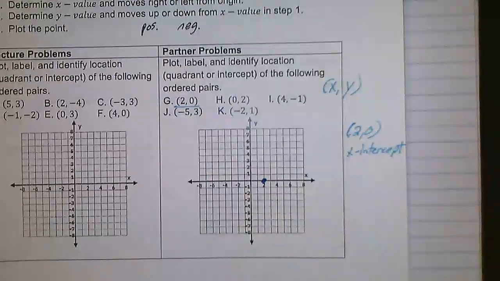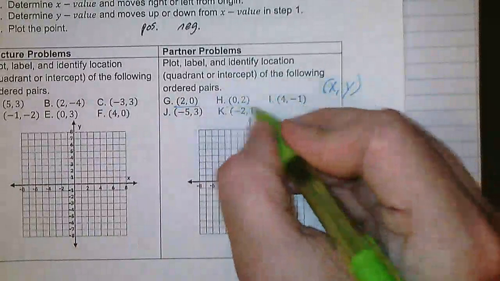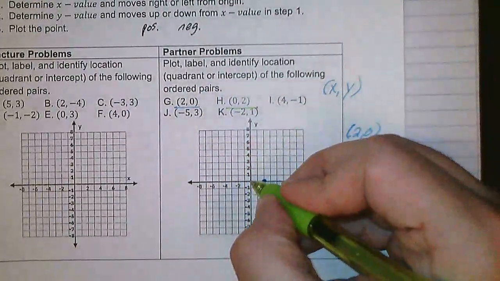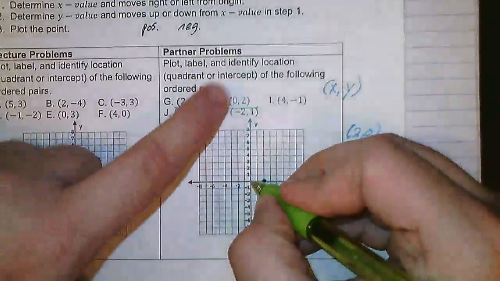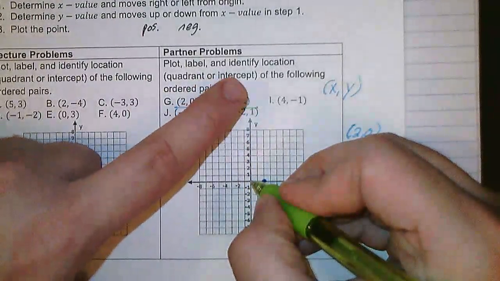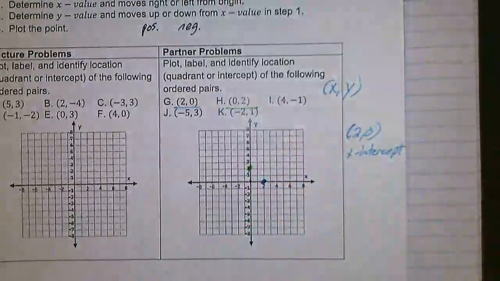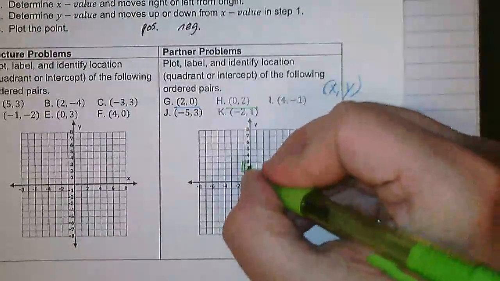The next point we'll do is (0, 2). So from the origin, I do not move to the left or right because the x value is 0. But I'm going to move 2 units up. And we should label our points, by the way.